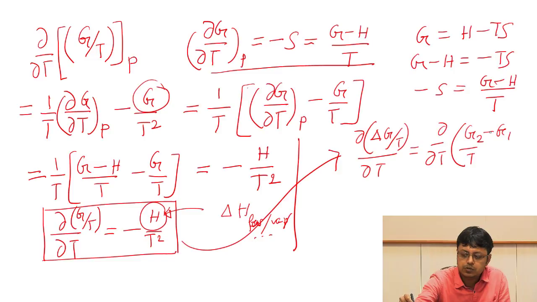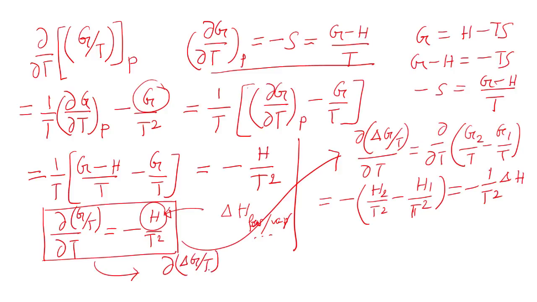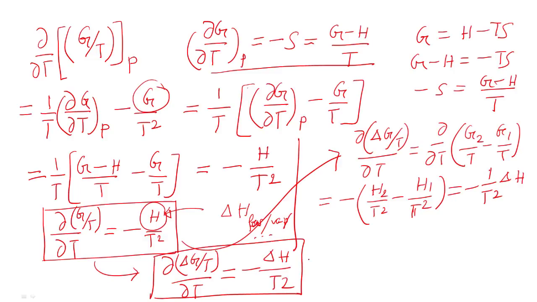So we can write it as G2 divided by T minus G1 divided by T, and using the same expression, this is nothing but minus H2 divided by T square minus H1 divided by T square, which is minus 1 over T square into delta H. So we get another useful relation: the derivative of delta G by T with respect to T is minus delta H by T square.